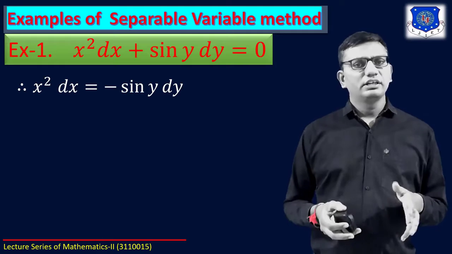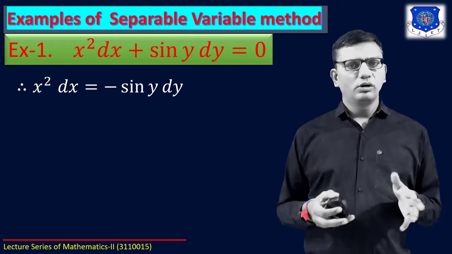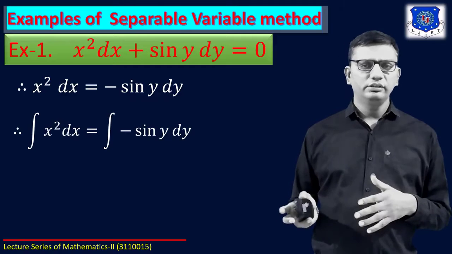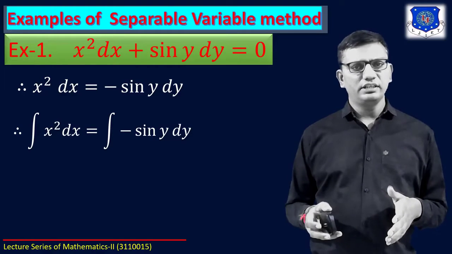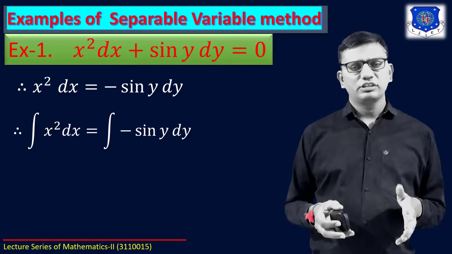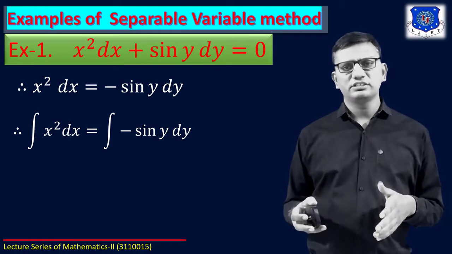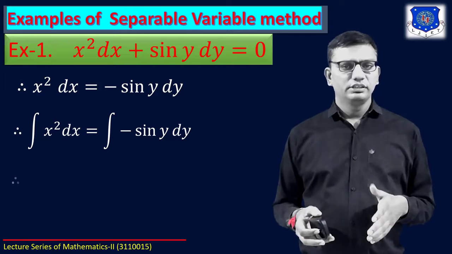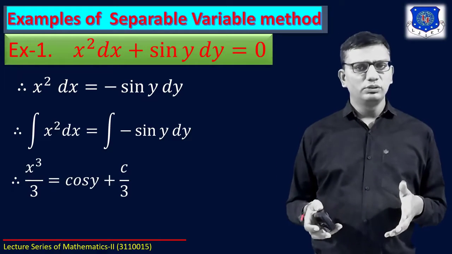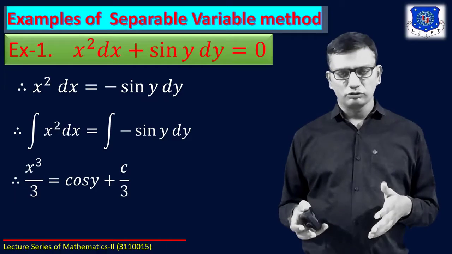We integrate with respect to x on the left hand side and with respect to y on the right hand side. After taking the integration, we get integration of x square dx equal to integration of minus sin y dy. Now the integration of x square is x cube by 3, equal to the integration of minus sin y, which is cos y.